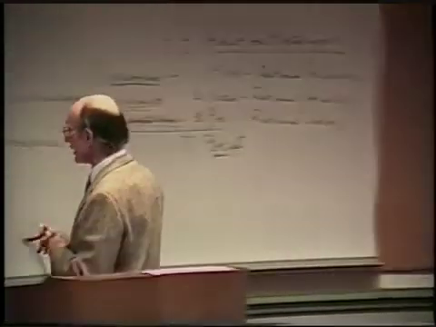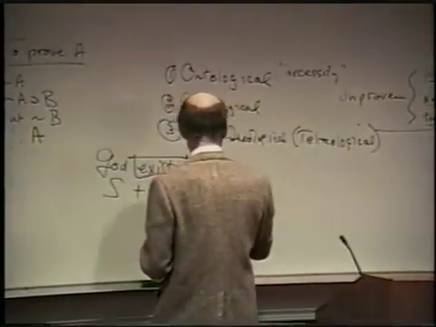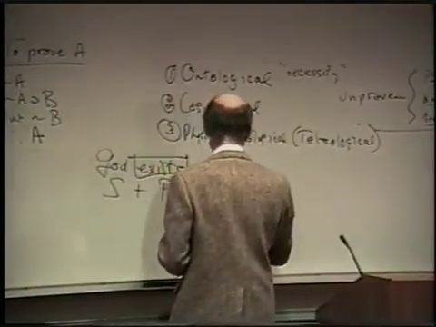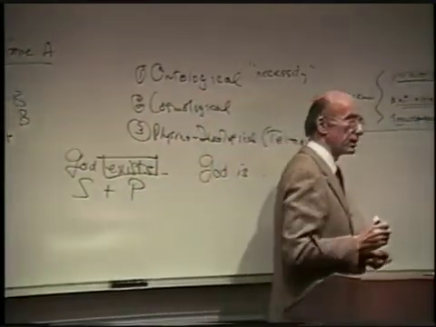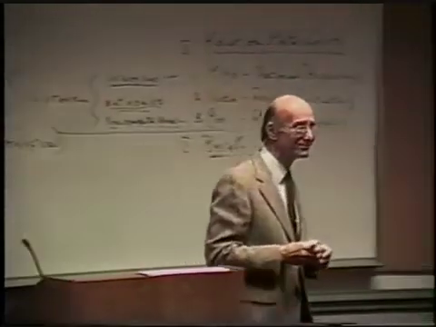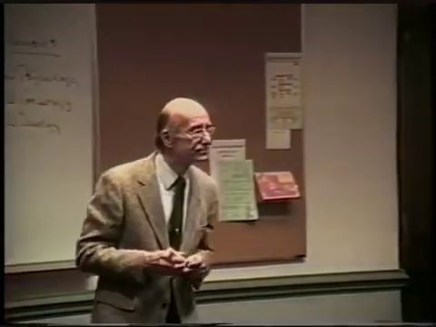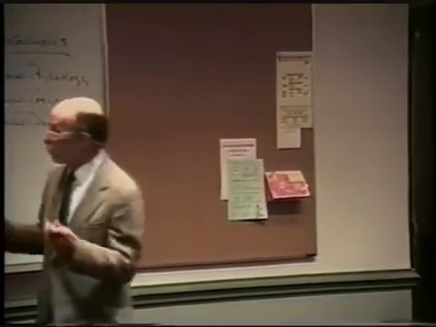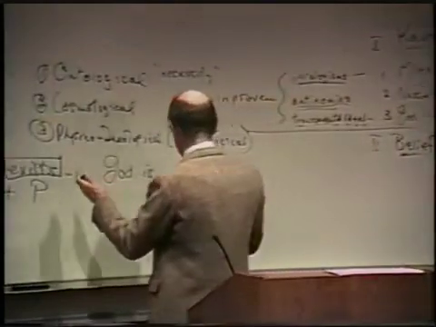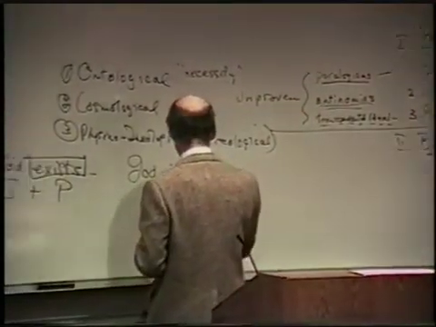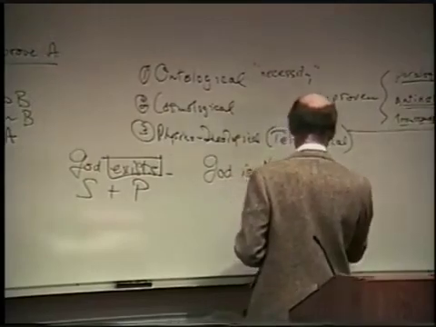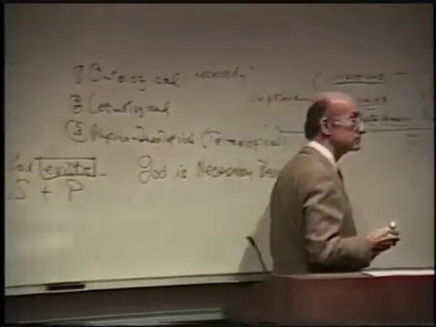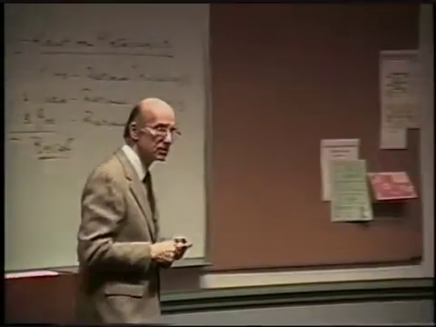To say God exists is simply to say God, and to leave the rest of the sentence blank. So when the ontological argument says God necessarily exists, saying God is necessary being, you've got to predicate something.